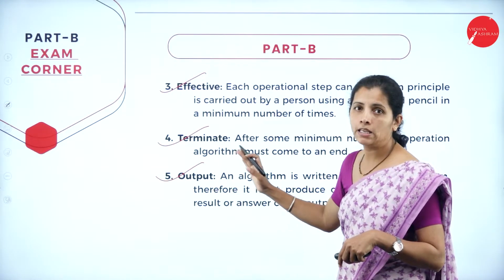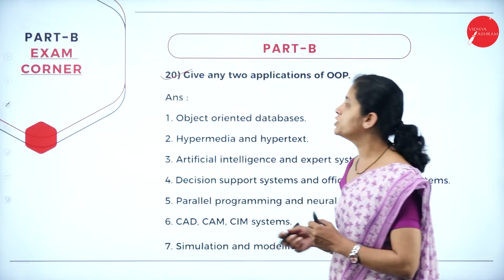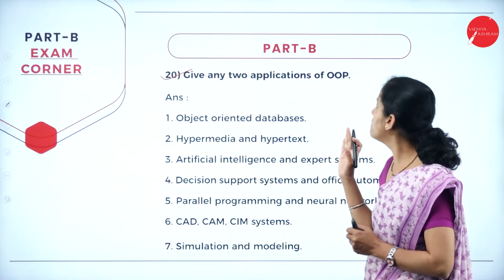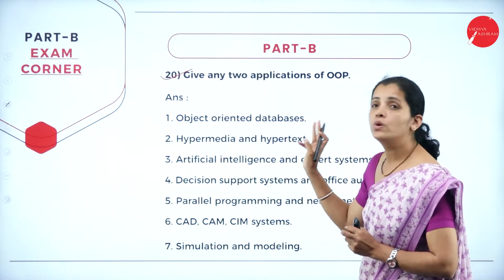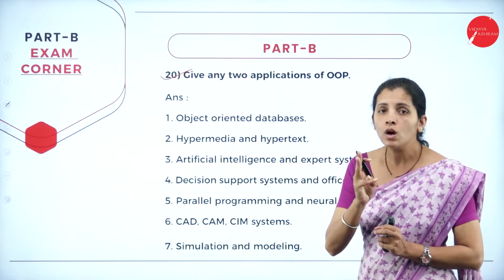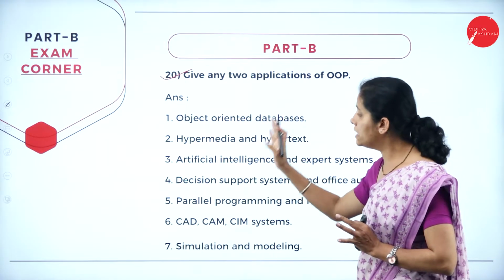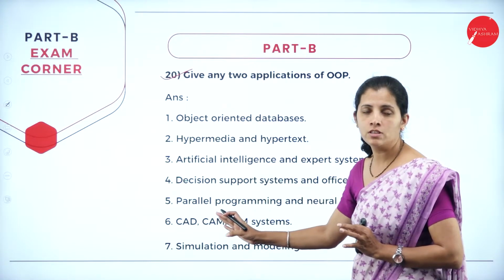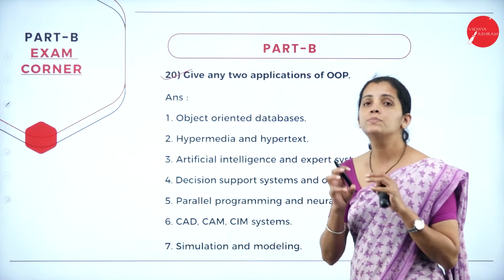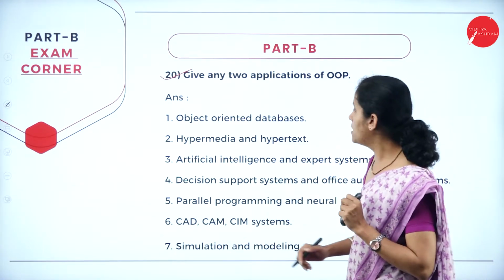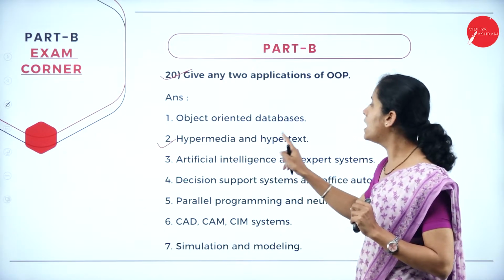5 characteristics. Dear students, let me consider the next question, that is give any applications of OOPS. This question is only for 2 marks. So I want to give any 2 applications. Here I listed 7 applications, but out of these I want to specify any 2. For example, I can write hypermedia and hypertext.